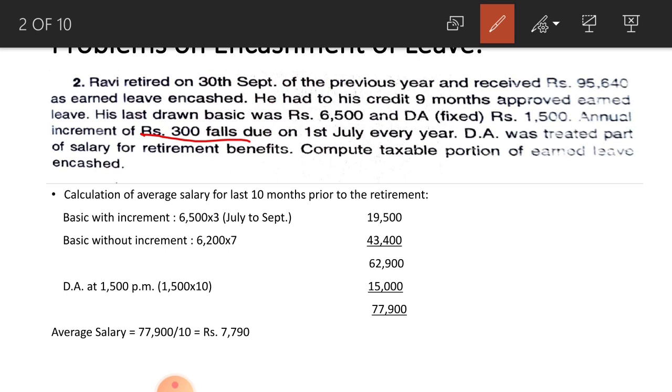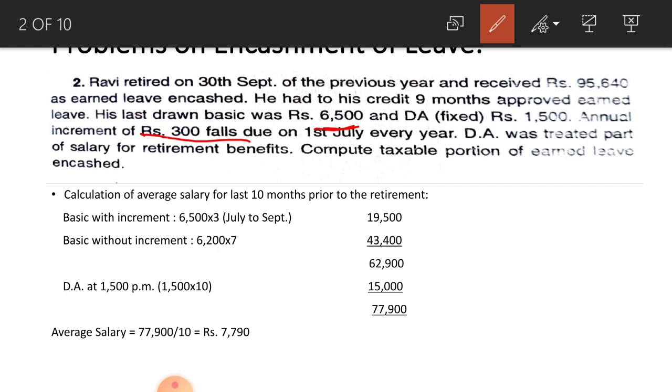He retired on 30th September and the increment falls due on 1st July. That means this 6,500 includes this 300 of increment, that is, in the months of July, August and September he is getting the increment. Adding that increment to his basic, he received 6,500 in the previous month.